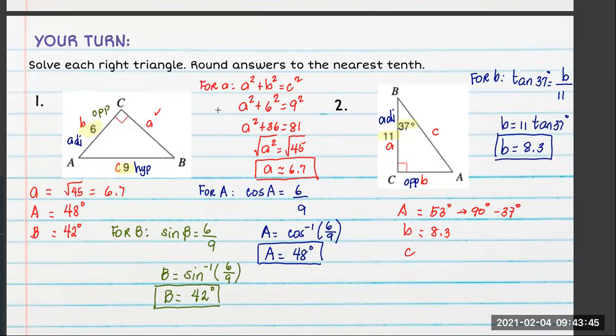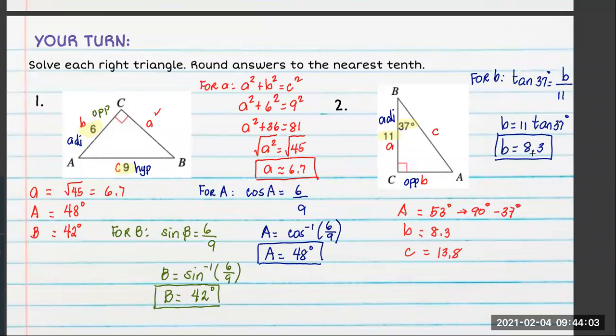And what did you get for C? If you got the wrong answer for B, what did you get for C? Yes, 13.8. See?